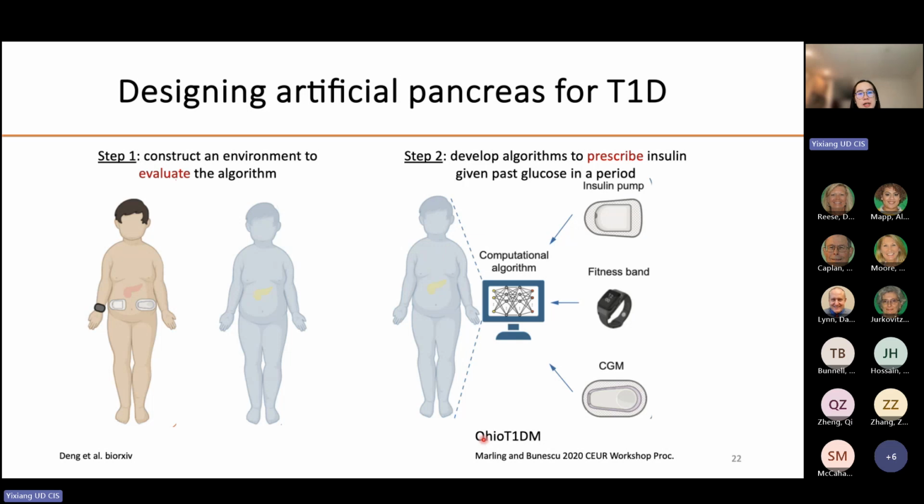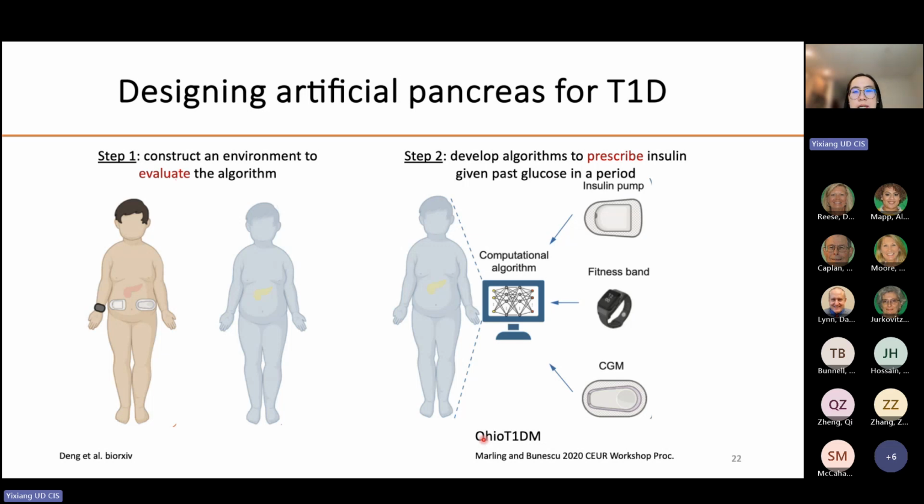To design these algorithms, being a purely computational scientist, I need to separate this goal into 2 steps. One step is to construct an environment to evaluate the algorithm, because I don't interact with patients, and it's not safe to interact with patients for safety considerations.